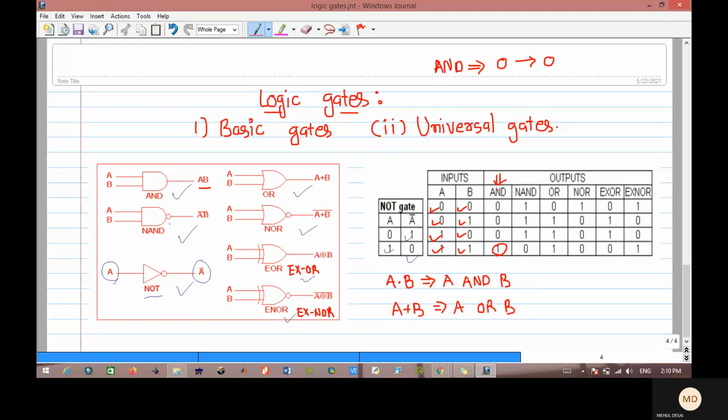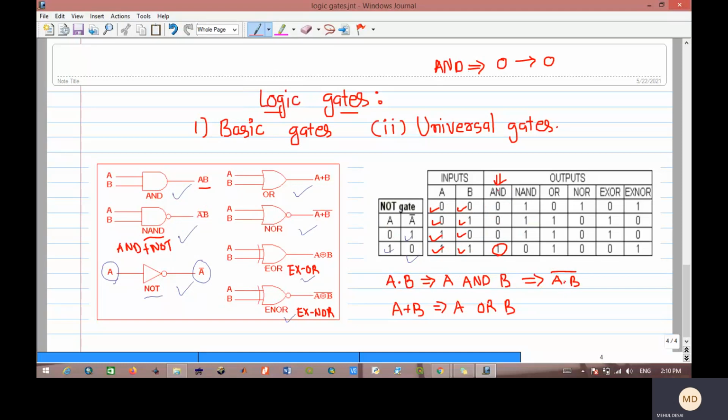Now if we add a NOT gate after the AND gate, that gate becomes the NAND gate. So the NAND gate is nothing but AND plus NOT. Whatever output we get from the AND gate, we get the complement output from the NAND gate. Similarly, the Boolean expression of the NAND gate is (A dot B) complement. So 0 becomes 1, 0 becomes 1, 0 becomes 1, and 1 becomes 0. The NAND gate is the inversion of the AND gate.